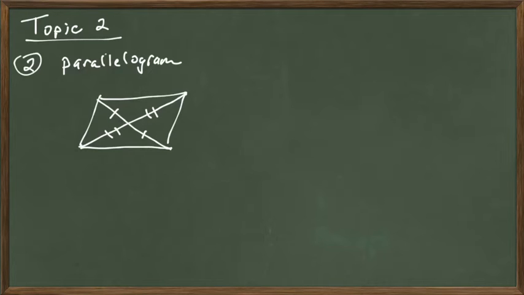So they gave you something for this segment right here in the picture. They also gave you something for this segment right here. Well, those 2 segments equal each other, so you should set them equal to each other. They also gave you information about these 2 segments. Well, they are equal to each other, so you're going to set those equal to each other.